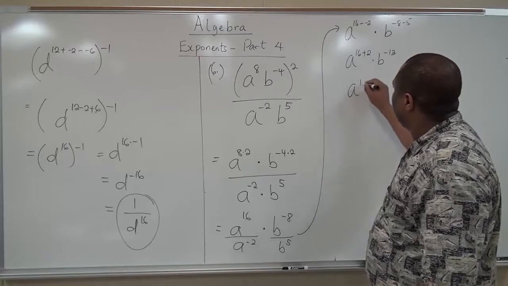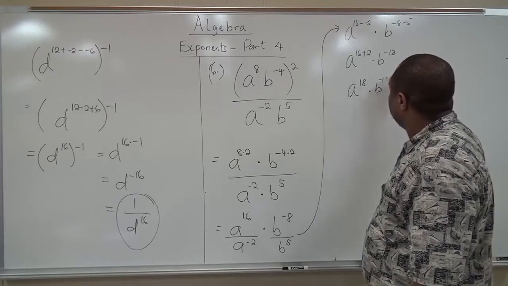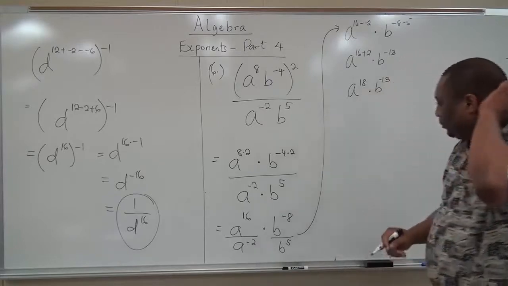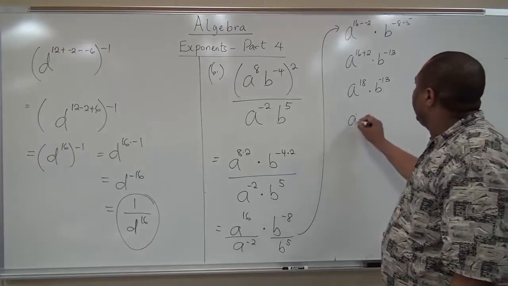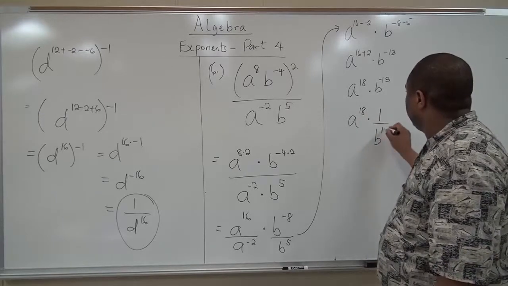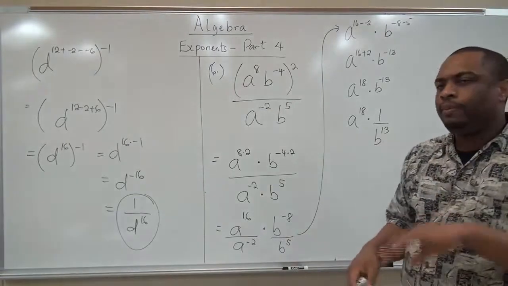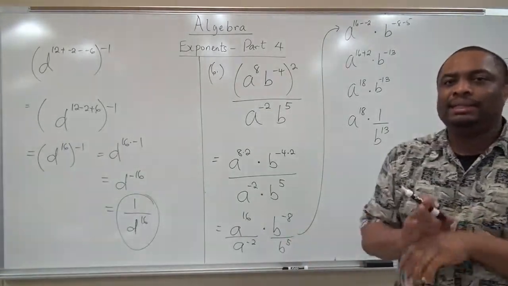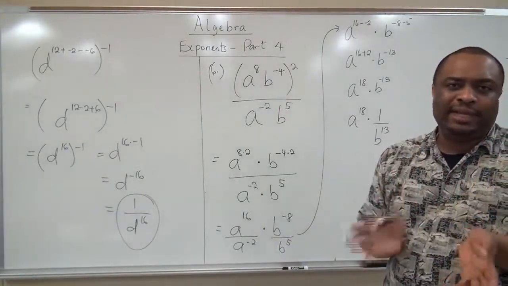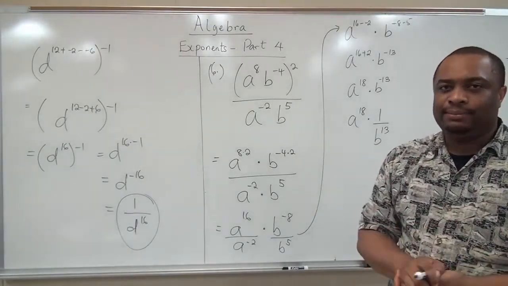And that is a exponent 18 times b -13. And that will be a exponent 18 times 1 over b 13. Because that reminds me, in this video, all we want our answers in is positive exponents only. We don't want answers in negative exponents.